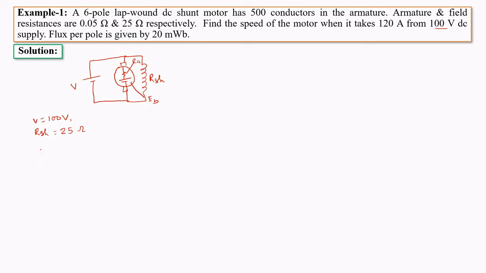Here we can find the value of ISH, that will be equal to V upon RSH, where V is 100 and RSH is 25. So the field current ISH will be equal to 4 ampere.